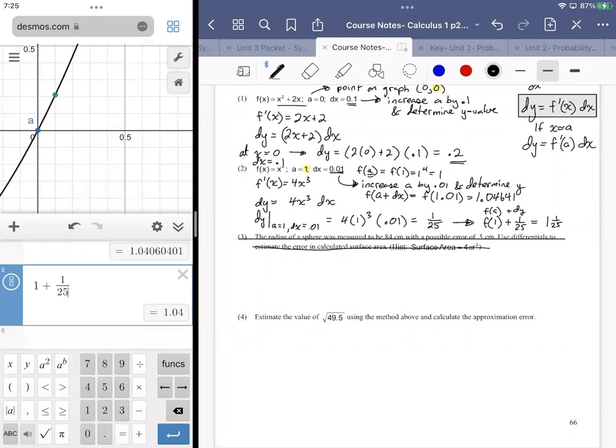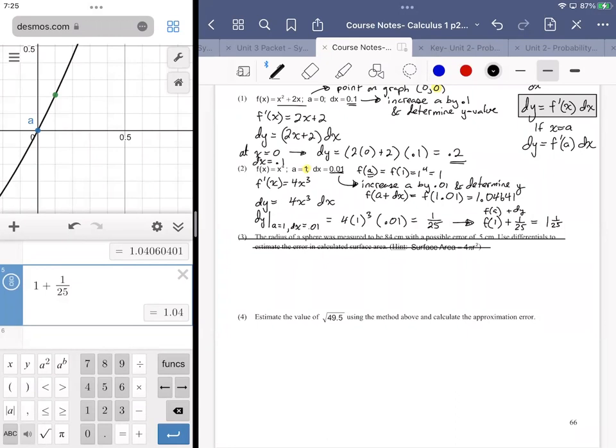But number 4, estimate the value of the square root of 49.5 using this method. And it's kind of cool because we did this with linear approximation, and now we're going to do it with differentials. We could have even done it with Newton's method, but I thought that would have been a little overboard. But same idea as the setup for linearization.